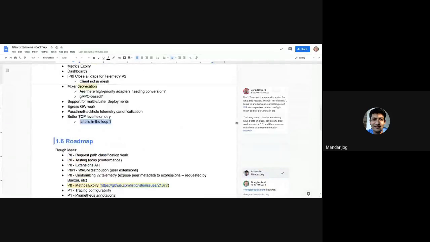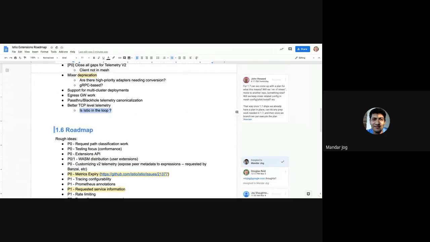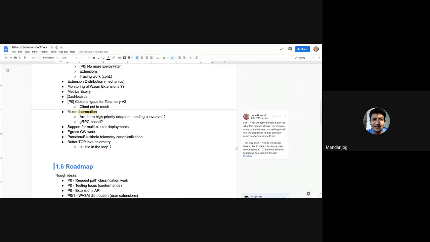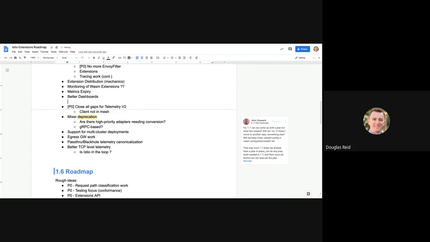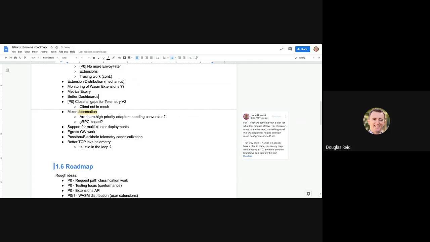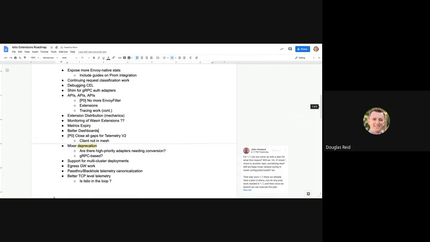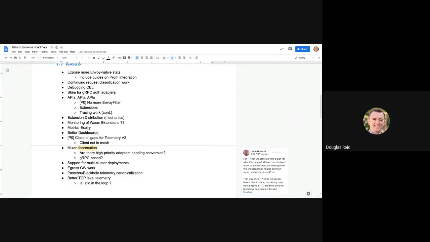So better dashboards and all that. We also have an intern project for that, right? Yeah. And there's stuff like the metric CLI and VM stuff as well that I think can be helped.